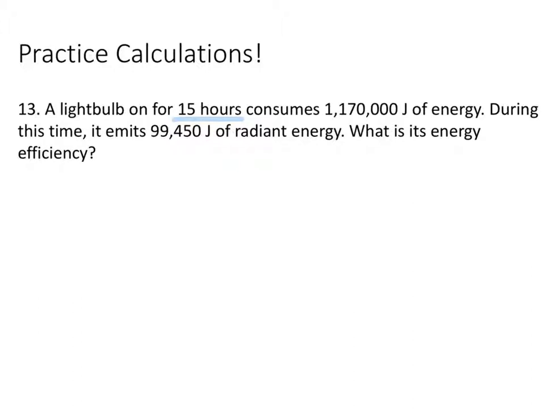So if we're looking right here, this value is going to be our total energy, and this value right here, emits 99,450 joules of radiant energy, that is going to be our useful energy.